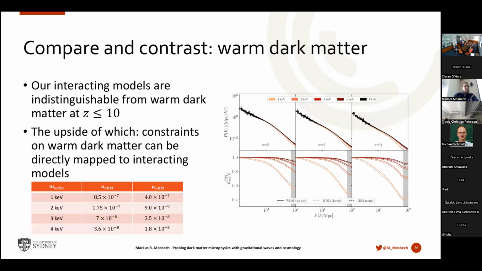So then we can compare and contrast this with warm dark matter. So if we run our n-body simulations with warm dark matter and with interacting dark matter, worth mentioning here is that for all realistic values of the interaction parameter, the interaction will be decoupling well before CMB times.